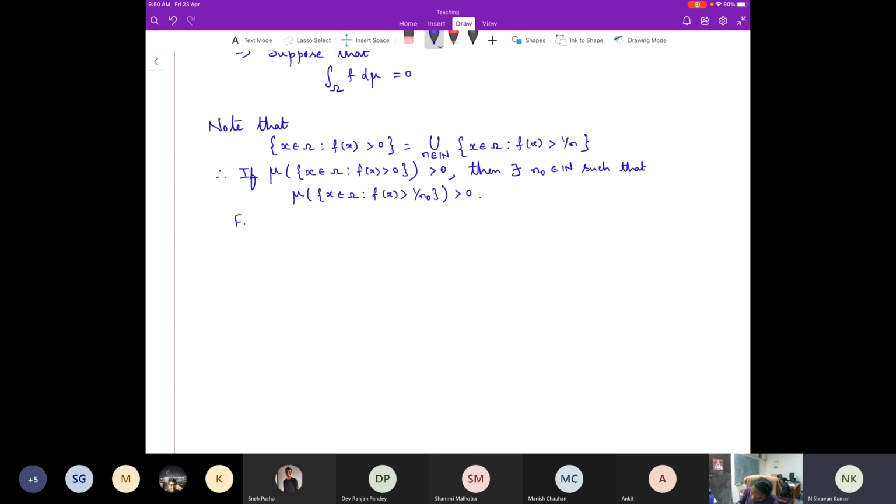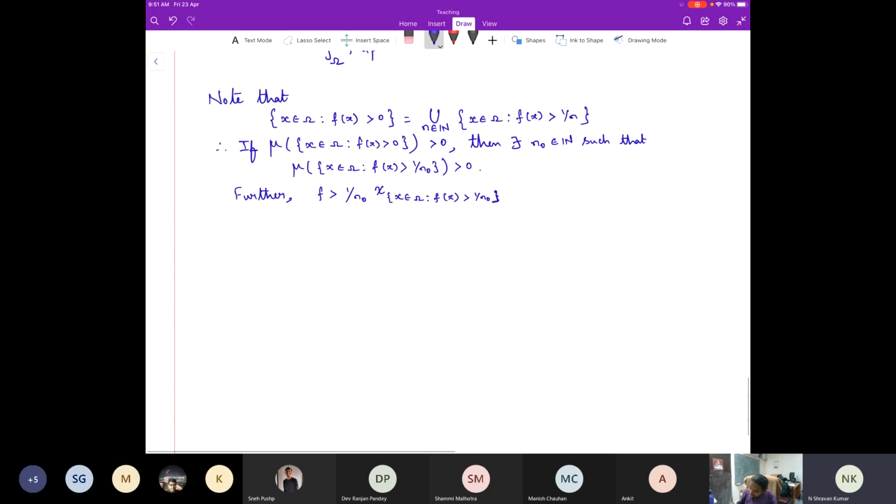Further, once you have this, f is strictly bigger than 1 by n naught times chi, the characteristic function of all those x in omega such that f(x) is bigger than 1 by n naught. Let me call this set E n naught.